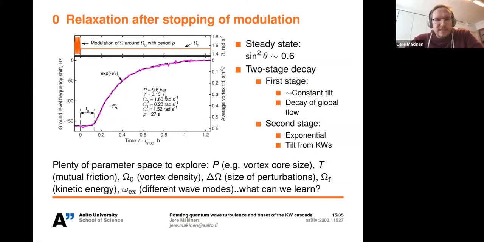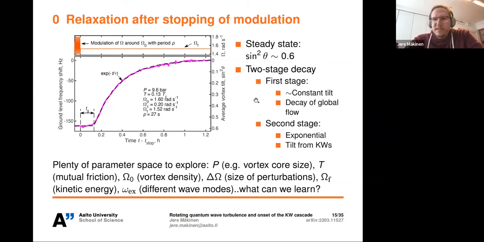Another characteristic feature of this signal is that it has a two-stage decay process. You see that we stop the modulations here, and there is quite some time where essentially nothing happens. The polarization remains at a similar level as during the modulation.